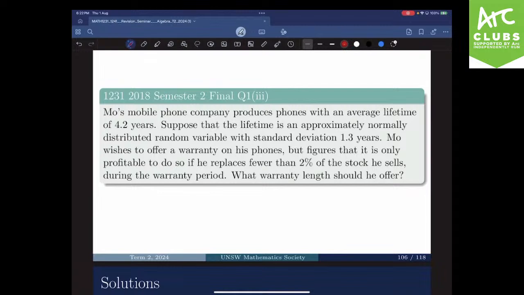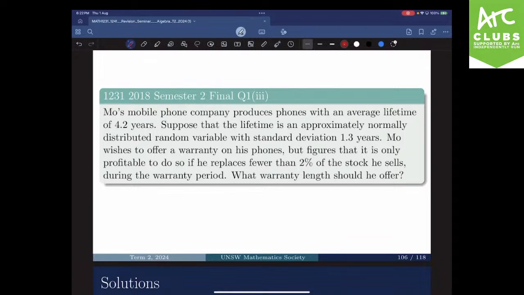He wishes to offer a warranty on his phones, but it's only profitable for him to do so if he replaces fewer than 2% of the stock he sells. What warranty length should he offer? So the problem here is that his average lifetime is 4.2.